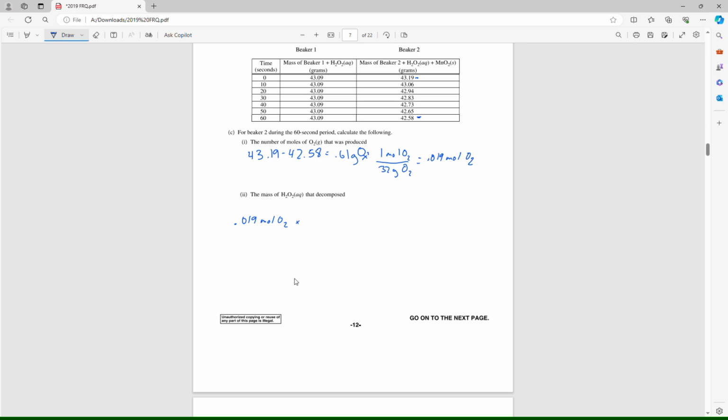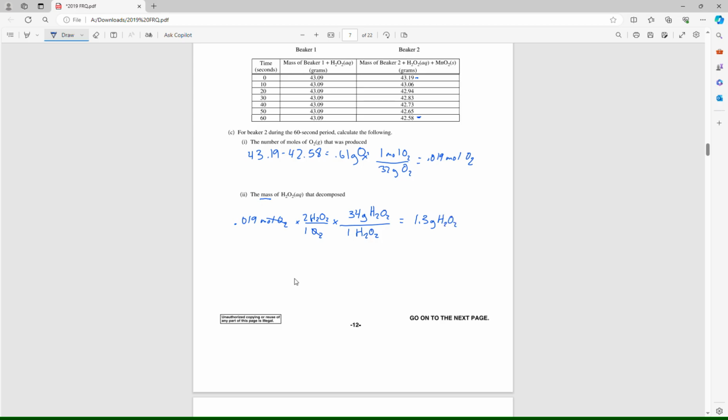But for every 1 O2, 2 H2O2s are used up. So now we would be in moles of H2O2, and then we just have to go to grams of H2O2 because it asks us for the mass. The molar mass of H2O2 is just 2 plus 32 because there's 2 extra hydrogens, so 34 grams per mole. That gives us 1.3 grams H2O2.